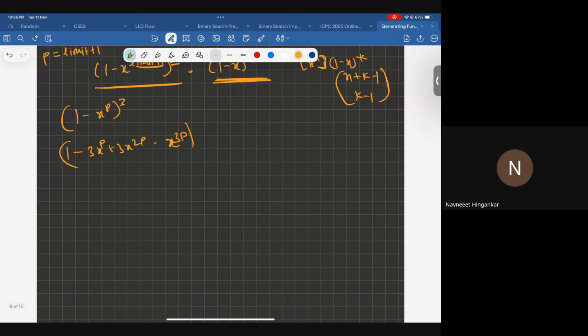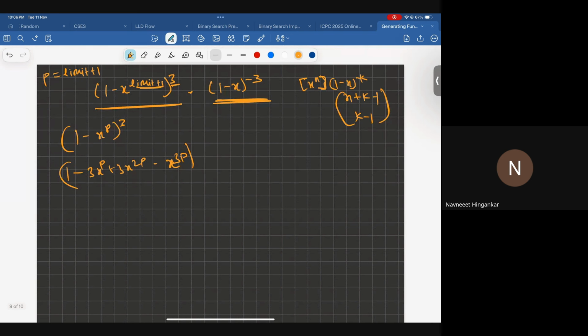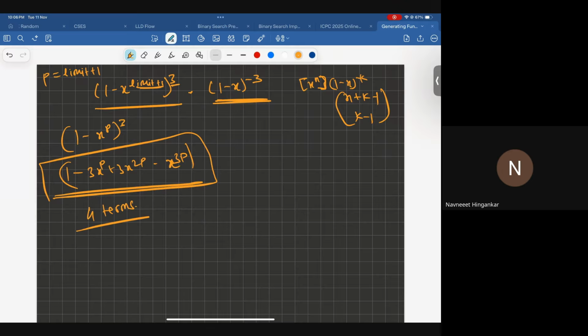Now, the moment you see this, there are only 4 terms that we are interested in. If you see the LeetCode question, the answer is also given in terms of 4 terms. The answer is based on inclusion exclusion, but in polynomials it's very simple. You don't need to think much.